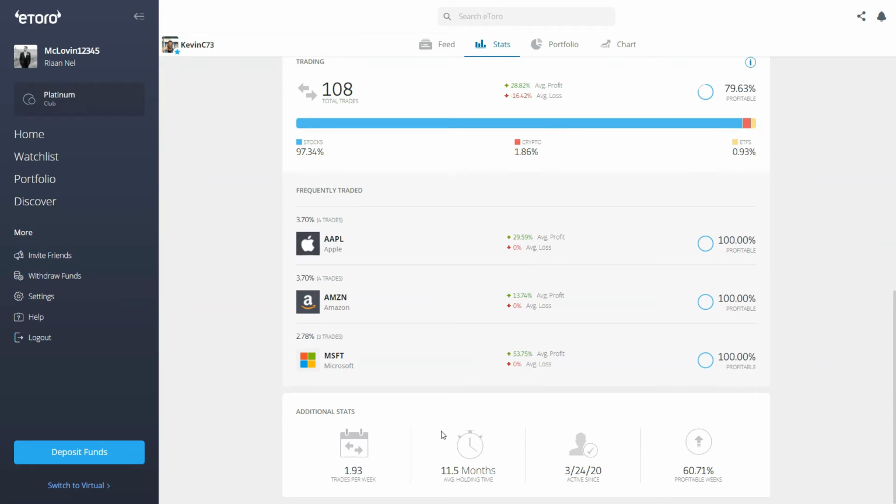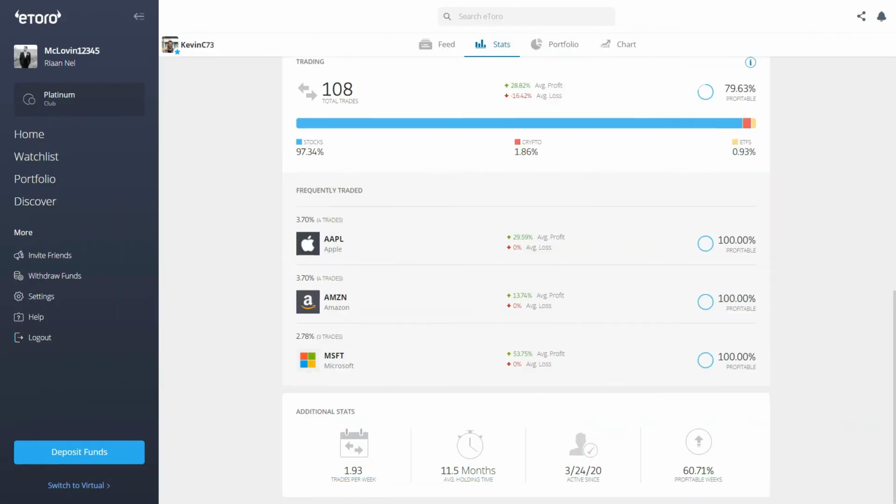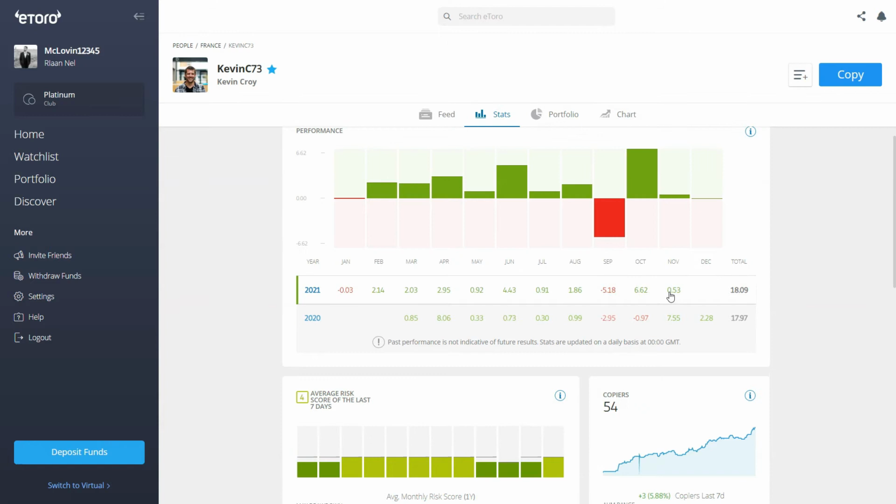Yeah, it's not a lot. And then here, this is true with what he said. 11.5 months holding time. So it means that he really is a long-term holder. So I'm really curious now to see which stocks this guy has in his portfolio. And you can see he's been a member since last year, and he's 60.7% profitable. All right. All this is not as important. Most important here is to see the risk. Look at the risk. Look at how far back you can see.